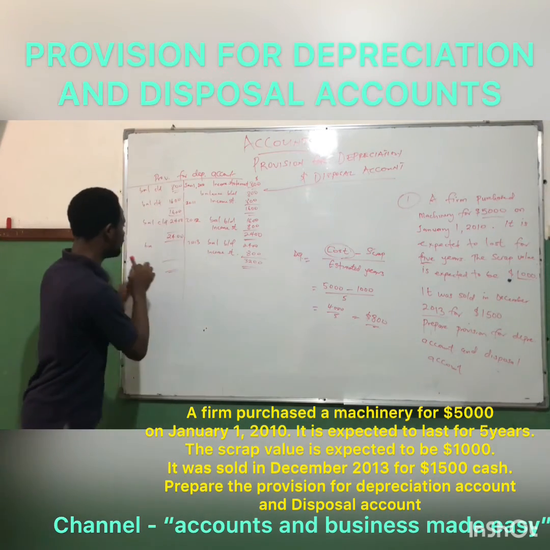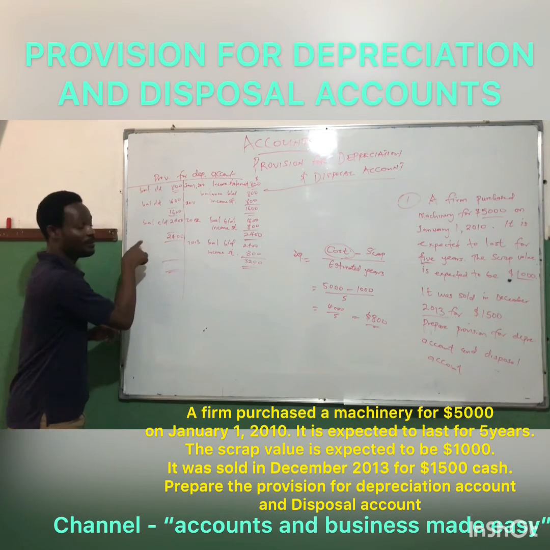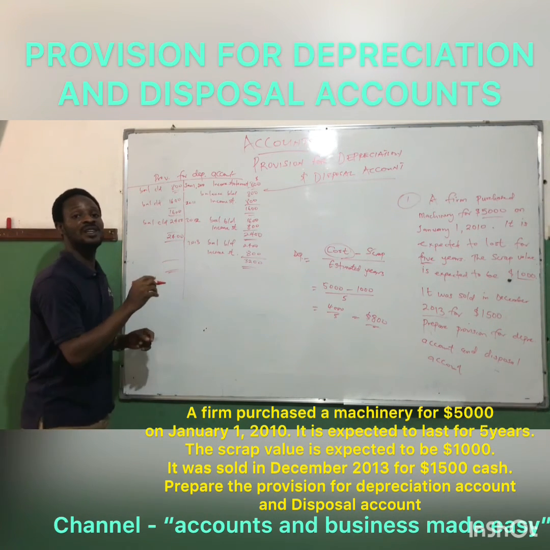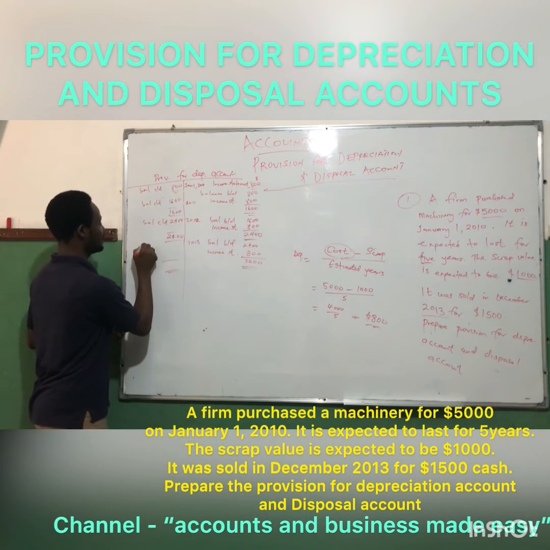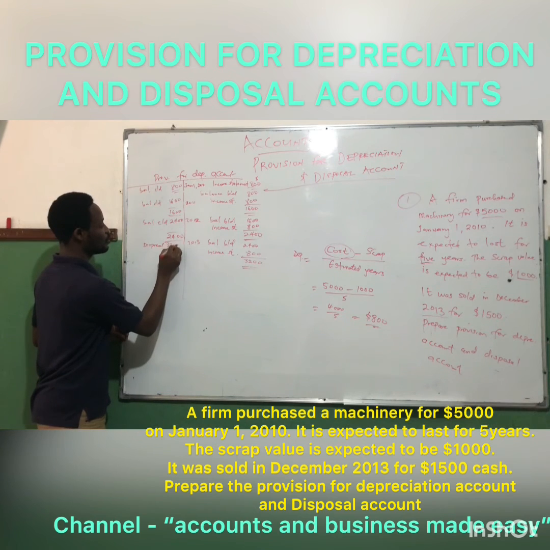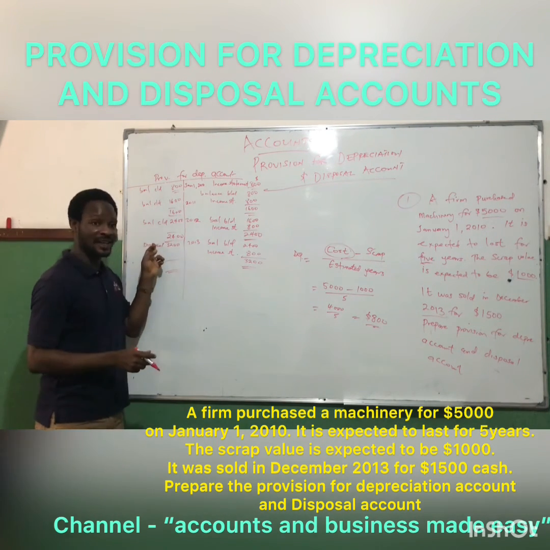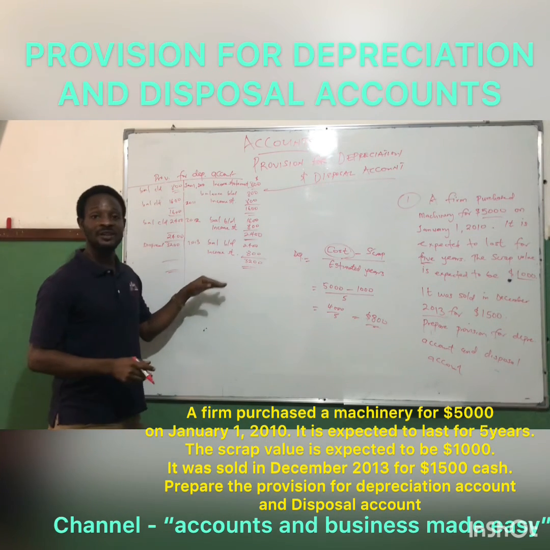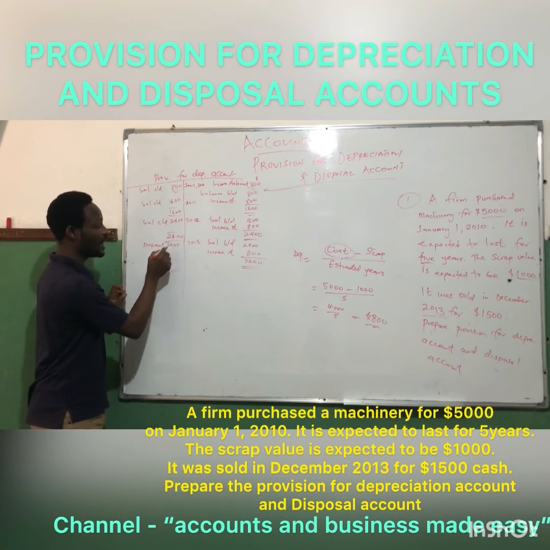So instead of balance carried down, it will be written off to disposal account, which is 3,200. So instead of balance carried down and bringing it down to year 5, the asset will stop its existence at the end of year 4.